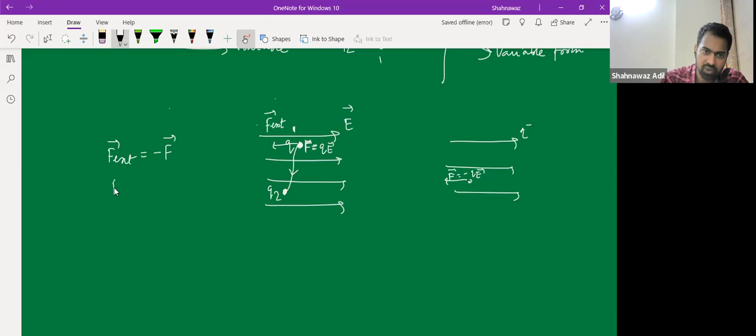So this would be minus QE. Is this part clear? I am bringing this charge from point 1 to point 2.